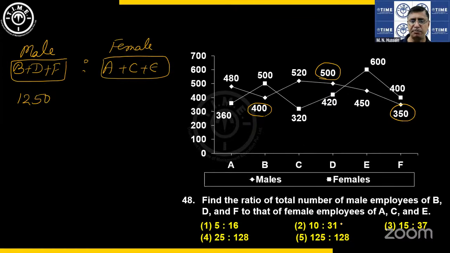Now let's check with the female employees of ACE. A, female employees, 360. And what is next here? 320. And next, 600. 360 plus 320 is 680. 680 plus 600, 1,280.